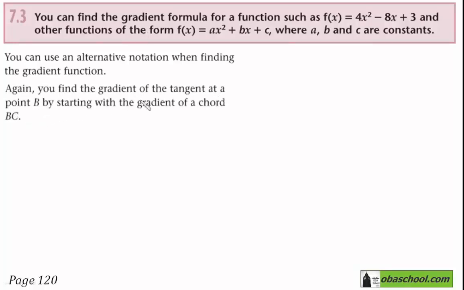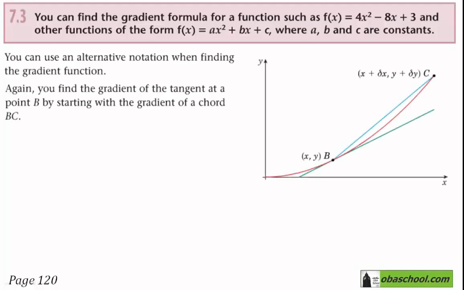Again, we need to find the gradient of the tangent at a point B by starting with the gradient of a chord BC, as we did in section 7.2. So finding two points very close to each other on the curve and trying to find the gradient for them is the easiest way.